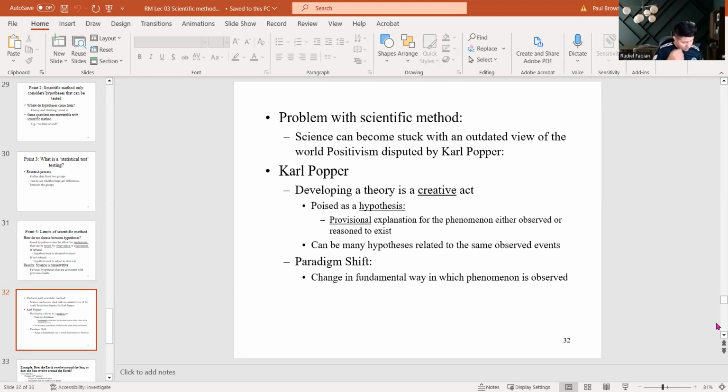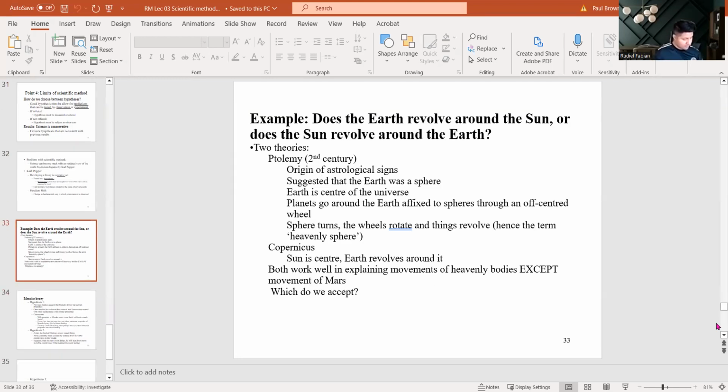So, good example is does the earth revolve around the sun, or does the sun revolve around the earth? Right. So the Greeks thought that the earth revolved around the sun. And then in the 2nd century, the dominant view was that the sun revolves around the earth.